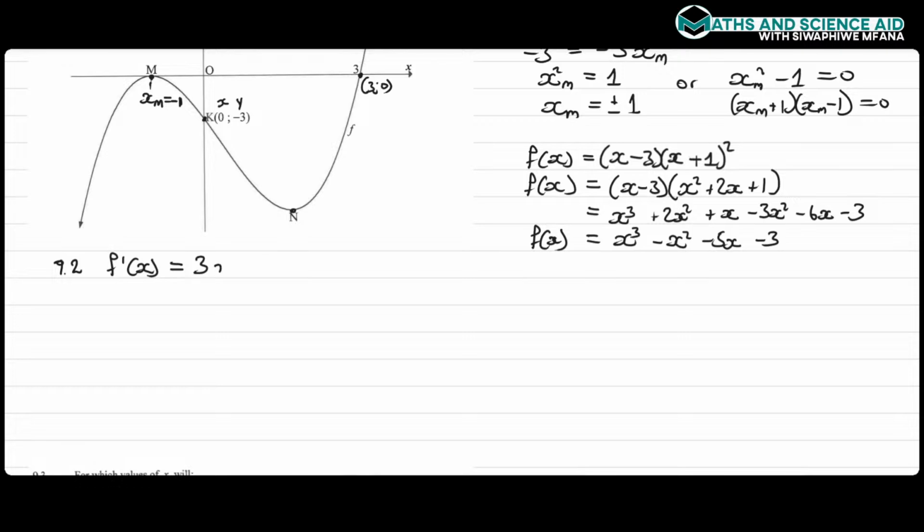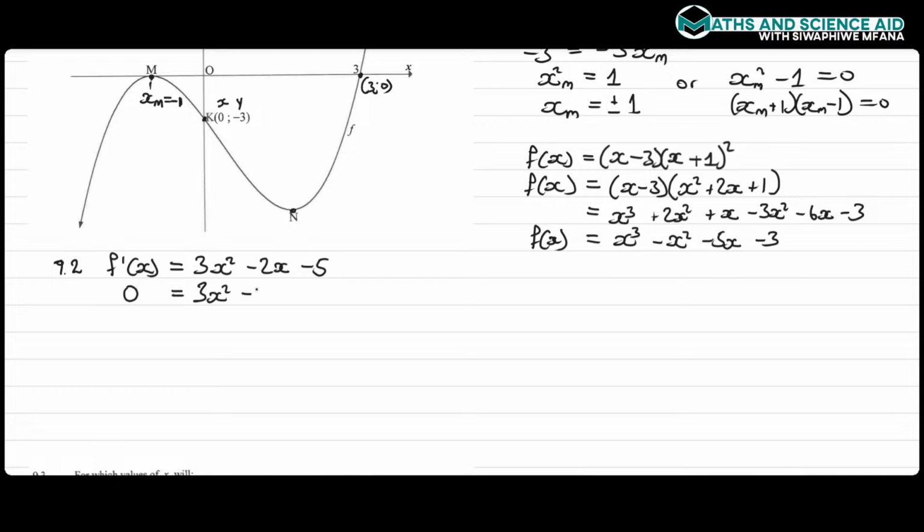So this will be 3x squared minus 2x minus 5. And then at the turning points, we know that the first derivative is 0. And that's because the turning points are also known as stationary points, because at the turning points, the gradient is 0. So that's why we can do this.